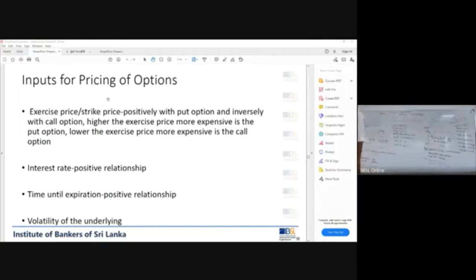And then comes the inputs for pricing options. So what are the inputs that are used to price options?